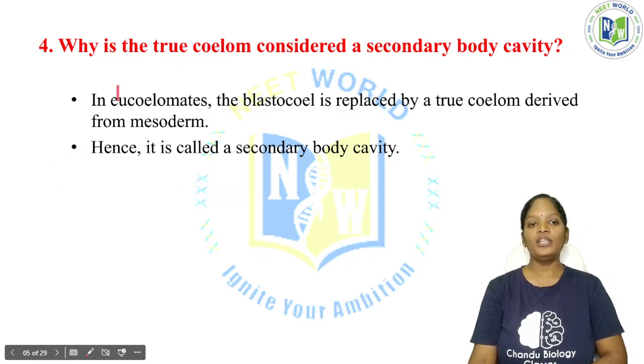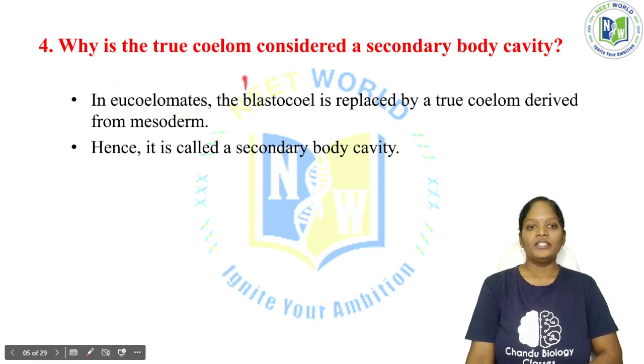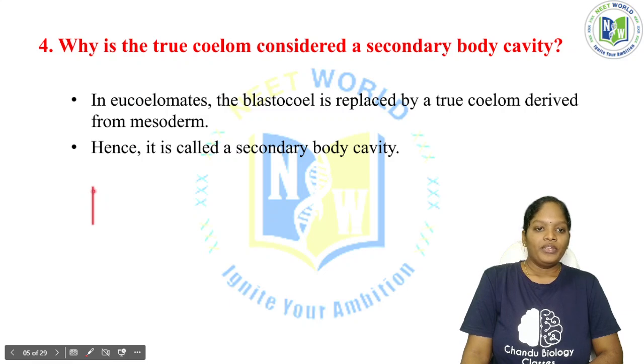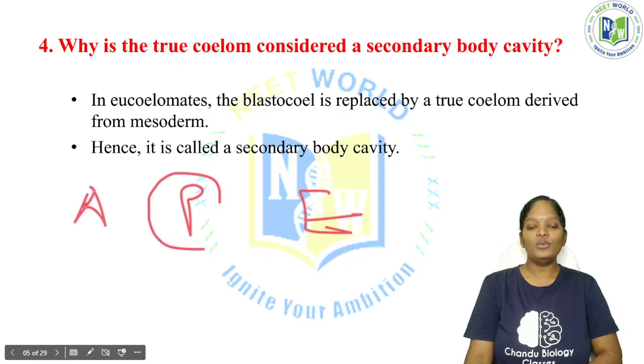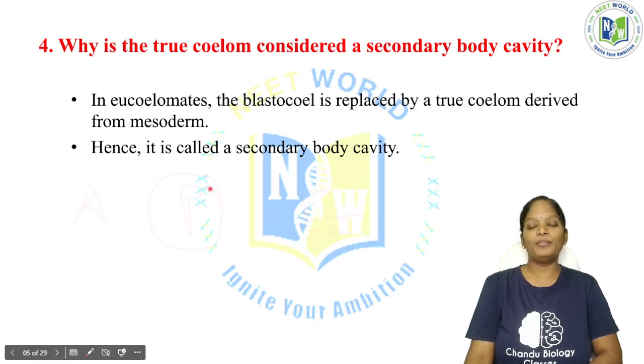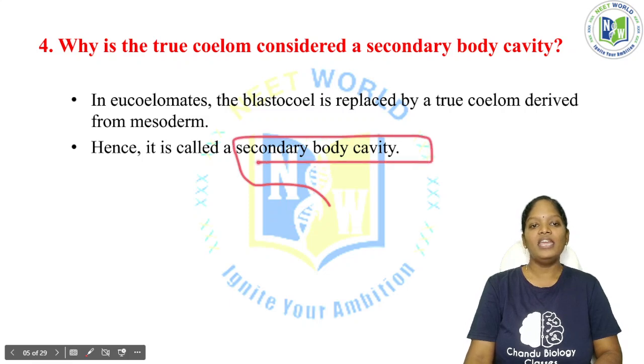Eucoelomates are those which have a true body cavity. We have acoelomate, pseudocoelomate and eucoelomate. The pseudocoelom is considered a primary body cavity, the tube within a tube. The eucoelomate has a proper body cavity and it is called a secondary body cavity.